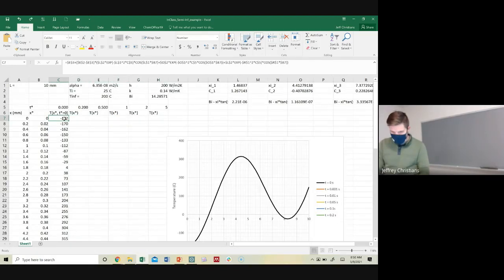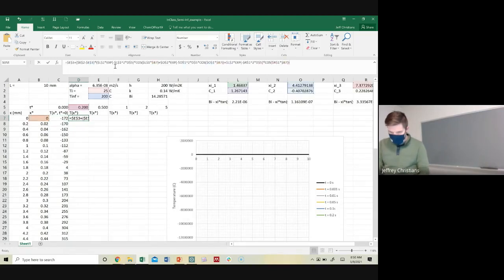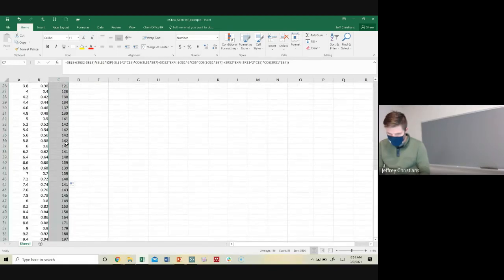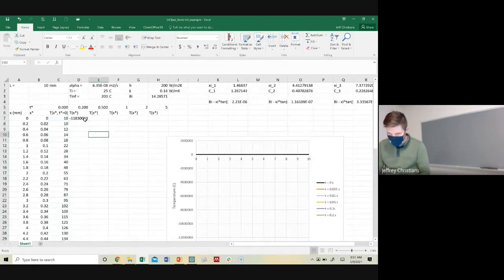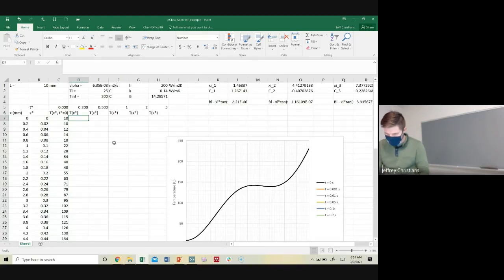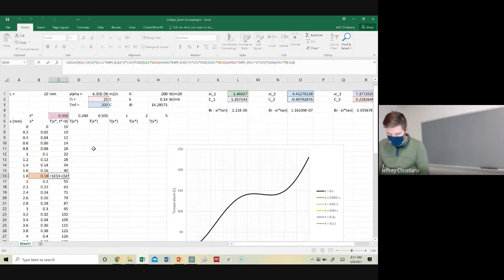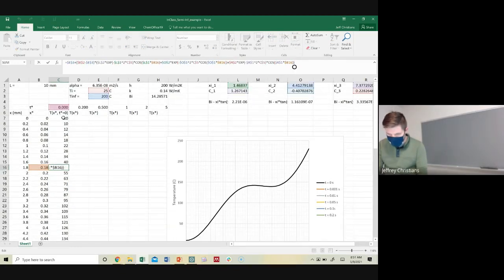Oops. What went wrong? Something. Oh, this should be R. One of these things is not working right. I'm wondering if I messed up my parentheses somewhere.